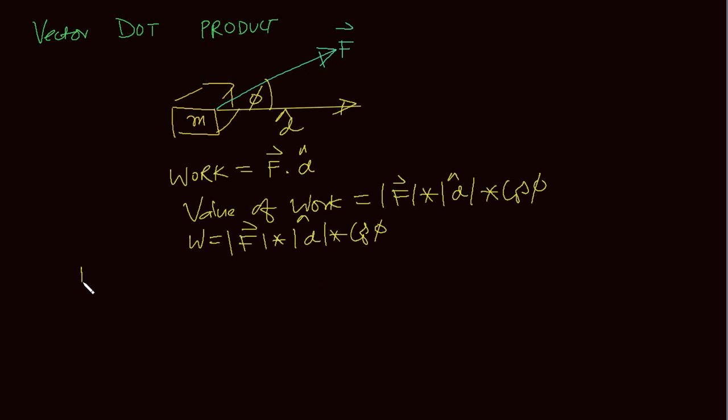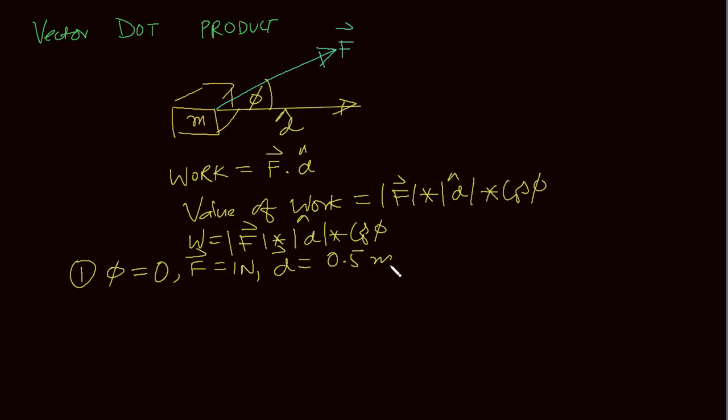Number one, phi equal to 0, force equal to 1 Newton, and displacement equal to 0.5 meters.